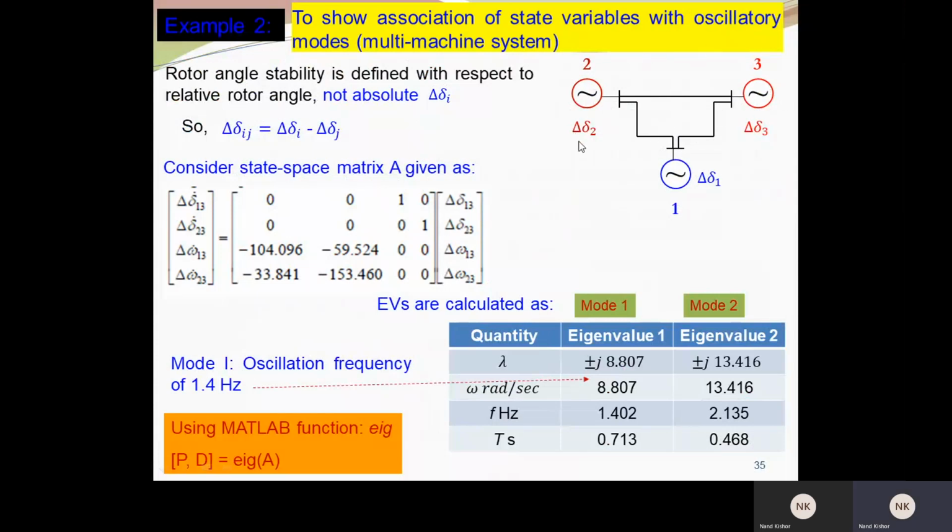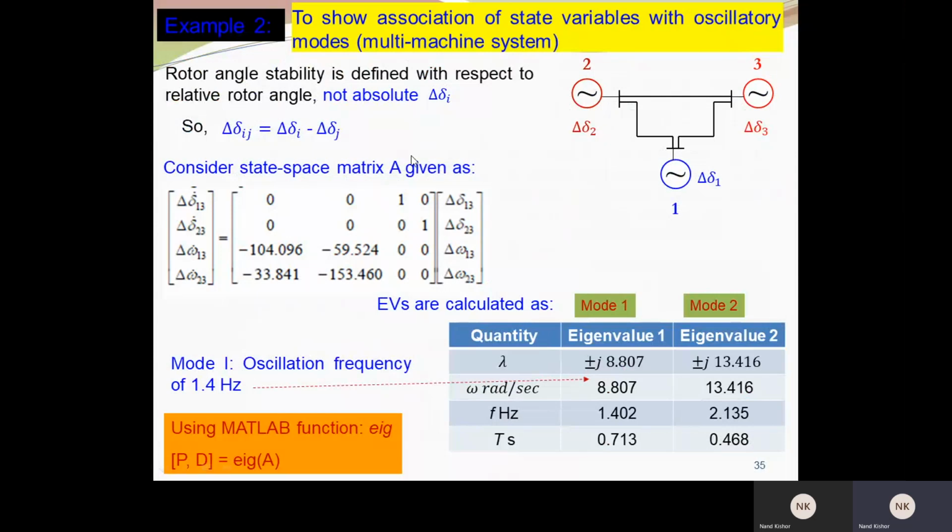So in other words, the word synchronism is actually a relative phenomenon. We talk about the synchronism of one generator with respect to other generators or the network.